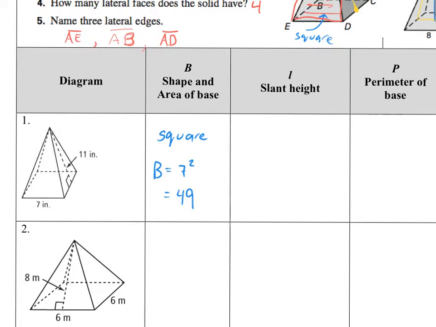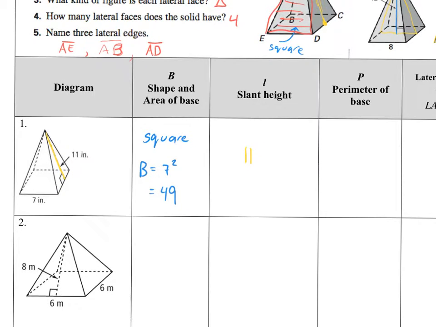Now, what's nice is that the slant height is given to me already, so there's no work to be done. It's simply 11. And now, perimeter of the base is simply the square going all the way around, so 7, and I see that I have 4 of those, so 4 times 7, and of course the answer is 28. Again, inches, but I'll keep that at the end.